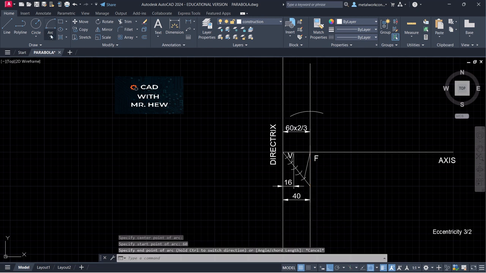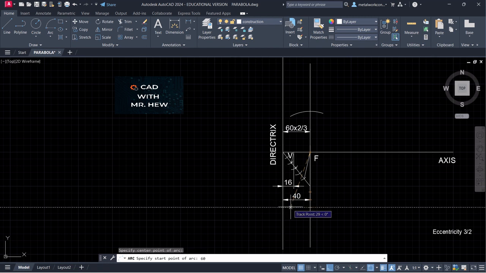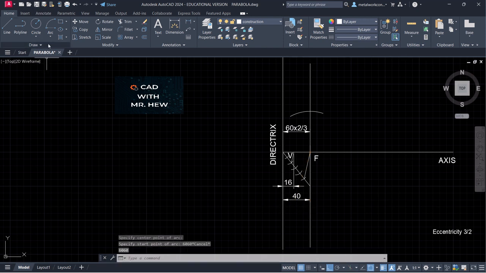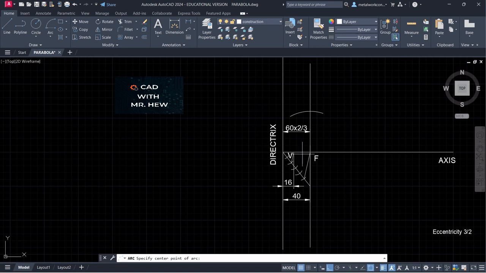Let's go again. Arc, so the center is there, and the radius is 60.